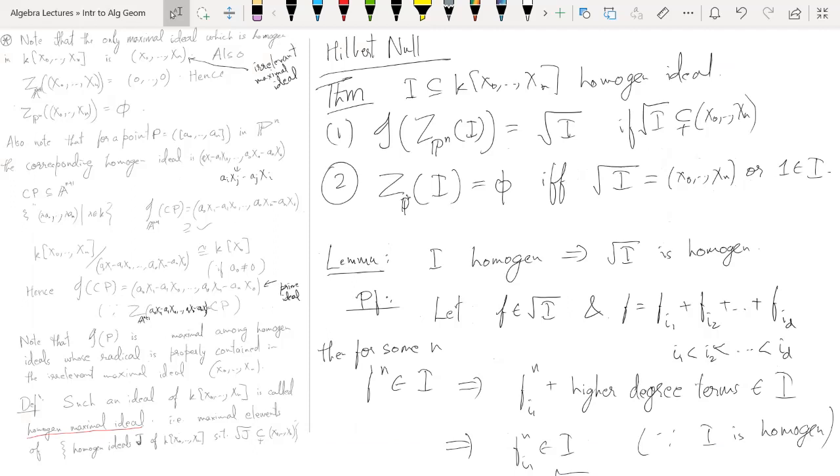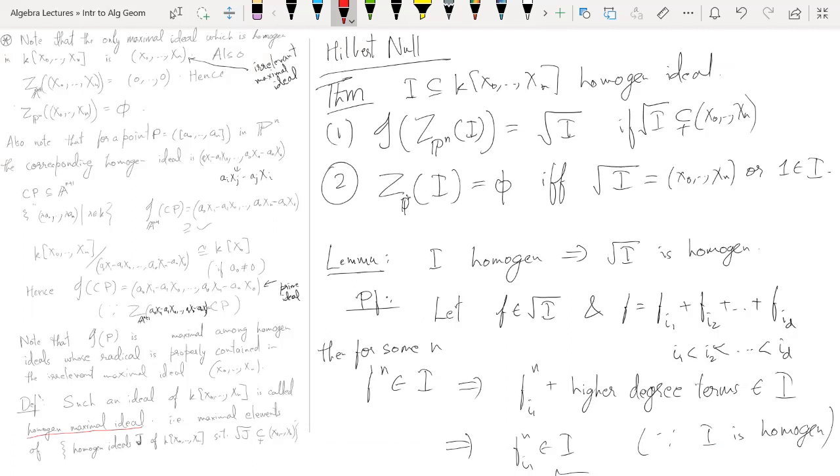So the Hilbert Nullstellensatz. Remember, the ideal of the zero set Z(I) is equal to the radical of I. This statement is true in the affine setup, and this is true even in the projective setup.